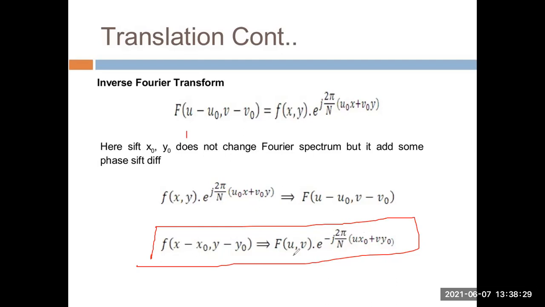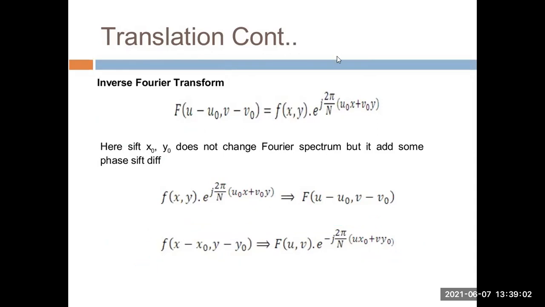Now this will be the same: F of u, v times e to the power of plus j 2 pi upon n times (u x naught plus v y naught). Fine. So this is the formula for your inverse Fourier transformation. At this point you have to remember that while shifting by x naught and y naught, it does not change the Fourier spectrum, but it adds some additional phase angle.